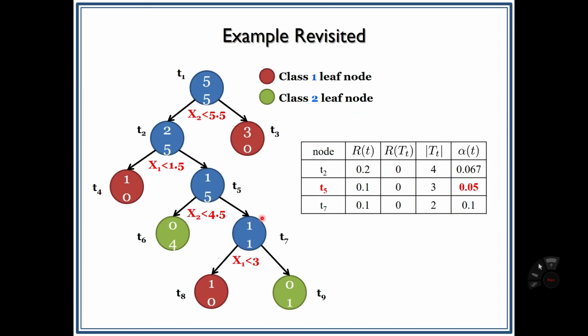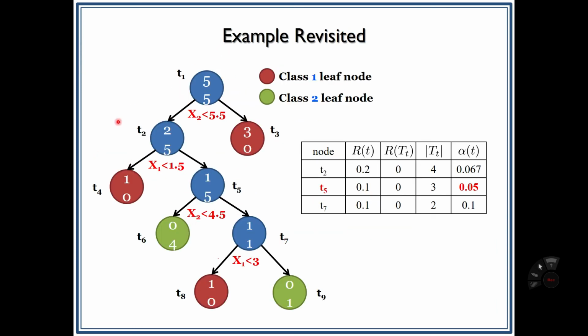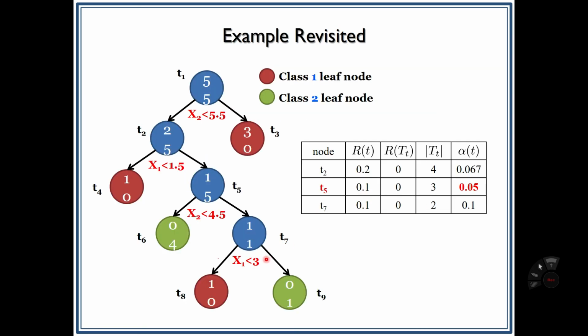So for example, if we declare this one as a leaf node, then R of t is the misclassification rate of this tree. And this R of T sub t is the misclassification rate of the subtree T sub t itself. So it's the misclassification rate by this part.